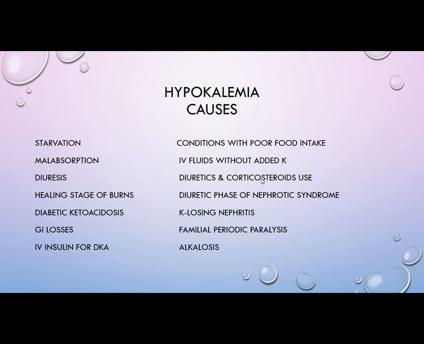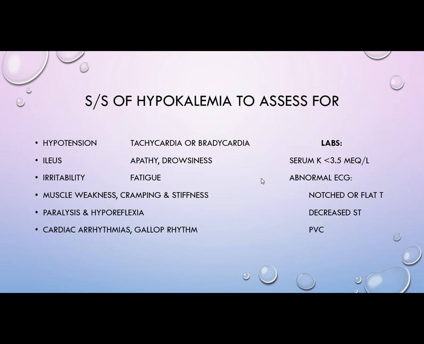Diuretic phase of the nephrotic syndrome, if they have potassium-losing nephritis. Familial periodic paralysis can also lead to hypokalemia and alkalosis as well. Okay.